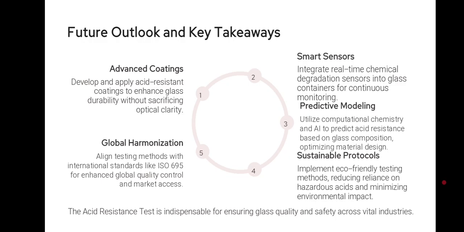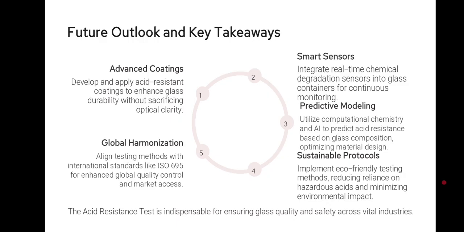Future directions and innovations. Looking ahead, scientists and manufacturers are finding ways to enhance the acid resistance of glass. First of all, advanced coatings: apply a transparent acid-resistant layer that does not interfere with clarity or strength. Second, smart sensors: embed mini sensors in glass containers to detect degradation in real time.